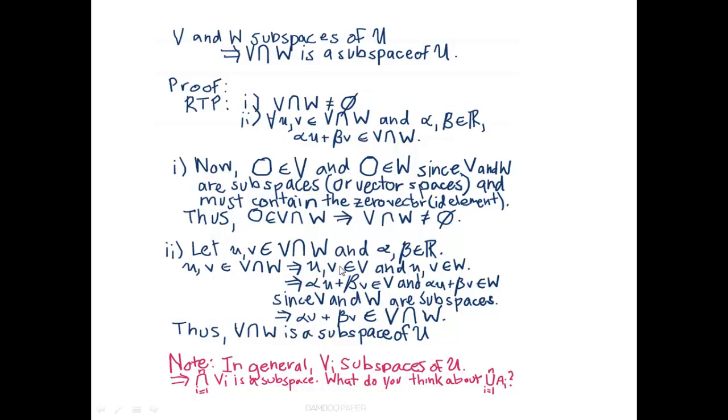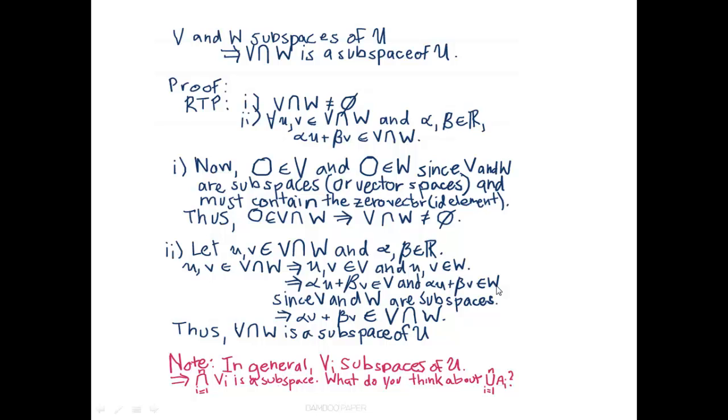But u, v in V, alpha, beta in R, and V is a subspace, by the subspace criterion implies that alpha u plus beta v is in V. Similarly, u and v in W, alpha, beta in R, W is a subspace, by the subspace criterion, alpha u plus beta v is in W.